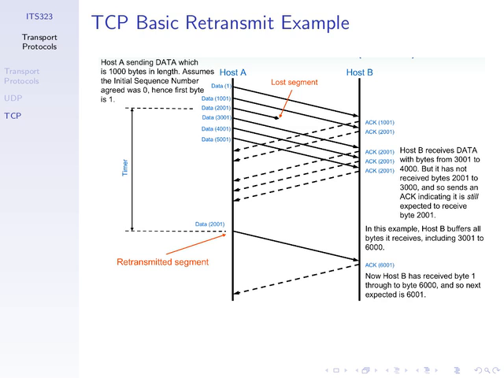It's received everything, or all 6000 bytes in order now. Before this, it had received the first 2000 and the last 3000. These were stored in memory, in a buffer. Once it receives this missing segment, it's received everything in order. And so it sends back an ACK saying, I now expect to receive 6001, the next in order number.